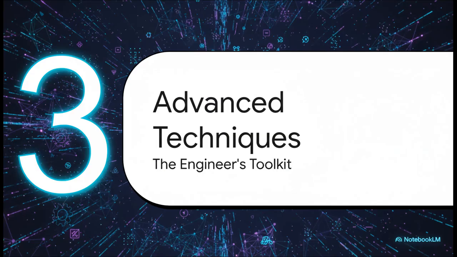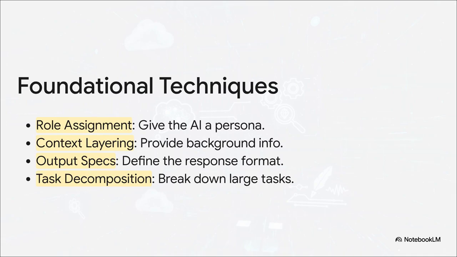So that 4D methodology is the framework, but what are the actual tools it uses? Let's look at the specific techniques that prompt engineers use to get these incredible results. The foundation really rests on four pillars. You've got role assignment, which we just saw with Lyra, context layering, which is just adding background information, output specs, defining exactly how you want the answer formatted, and task decomposition, which is breaking a big task into smaller, manageable pieces.